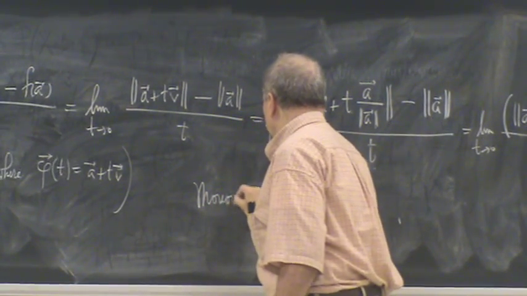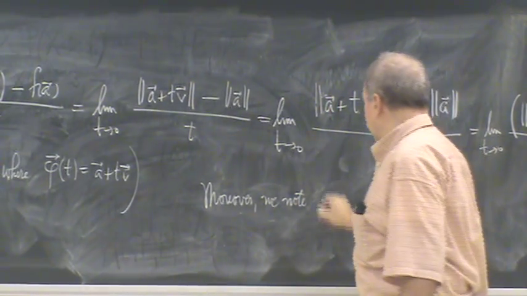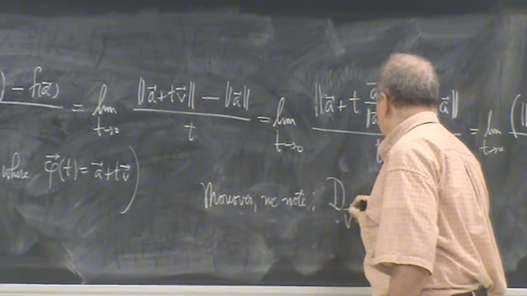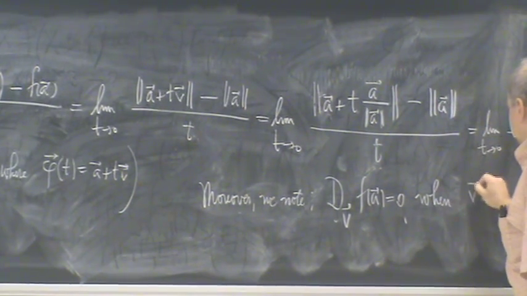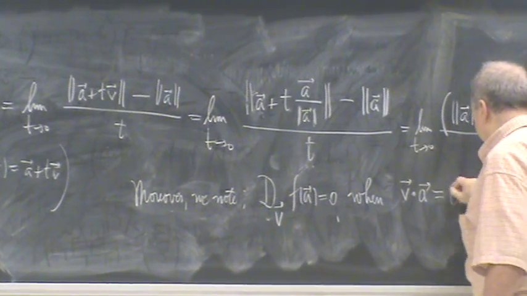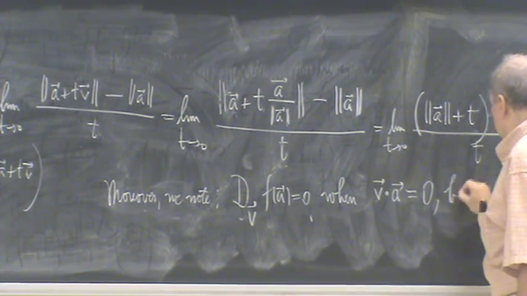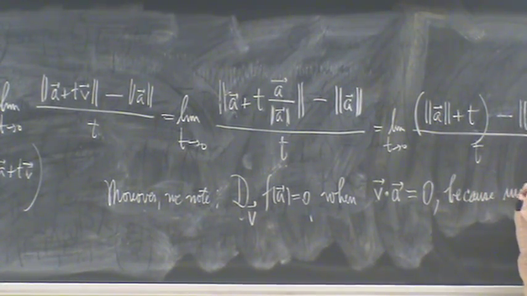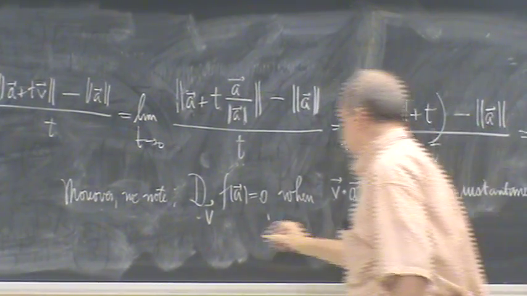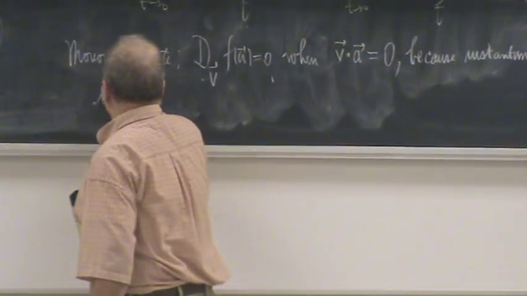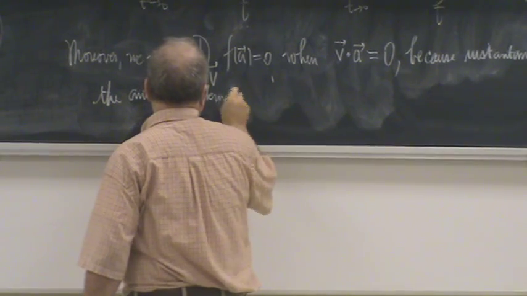Moreover, we note that the directional derivative is 0 when the direction vector is orthogonal to A, because instantaneously the ant is walking on a circle.